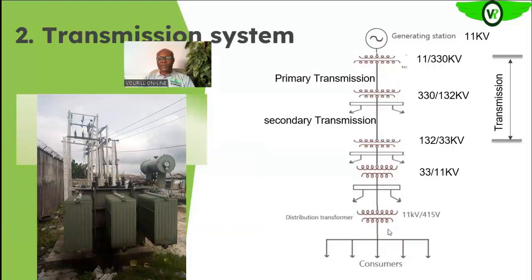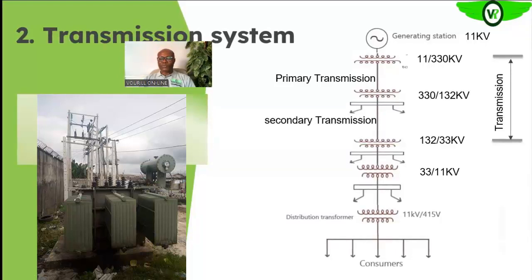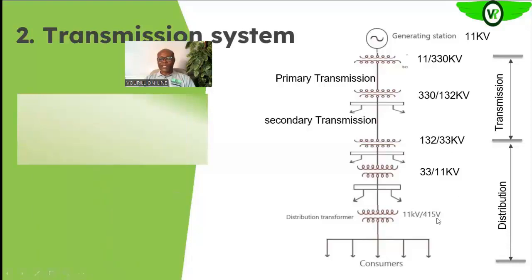And then we have, closer to our load, transformers that will take it from that 11 kV to 415 volts, which will later be fed to consumers. So all of this, okay, from the 33 kV line to 415 volts, makes up the distribution system, okay?